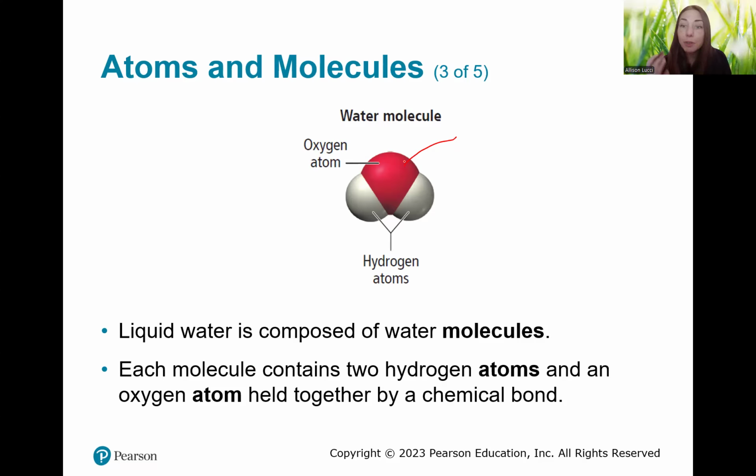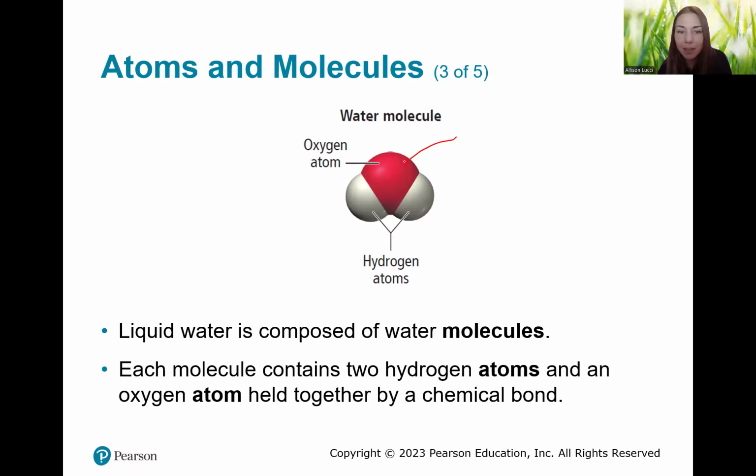When you're looking at these molecular representations, just note that a lot of times they don't tell you what the atom is, but they give you a color coding. Liquid water, water vapor, gaseous water, and frozen water, any phase of water is composed of water molecules. They just might orient themselves differently depending on their temperature, which would result in different phases.